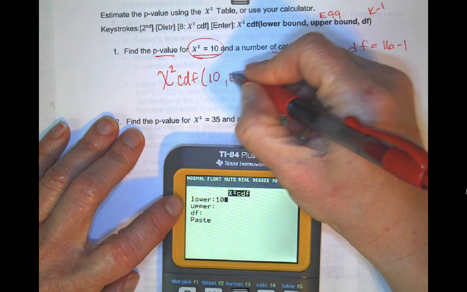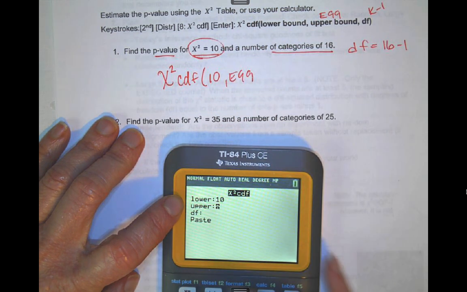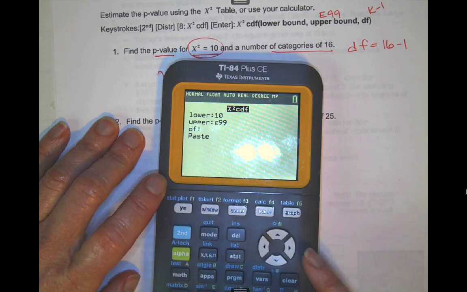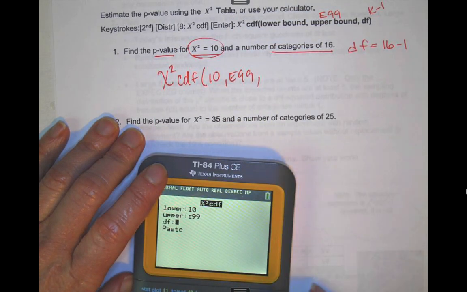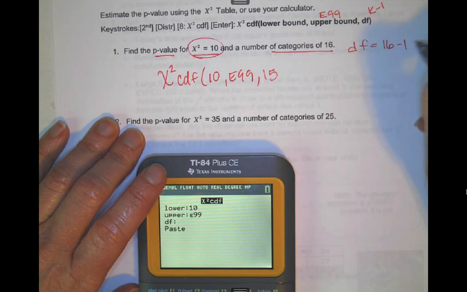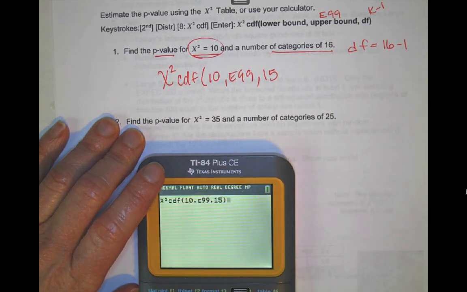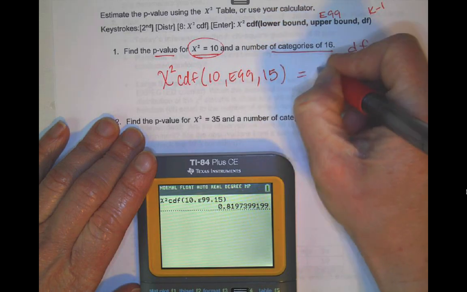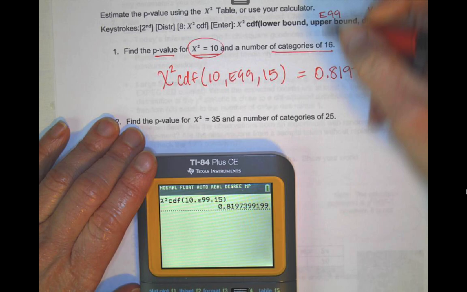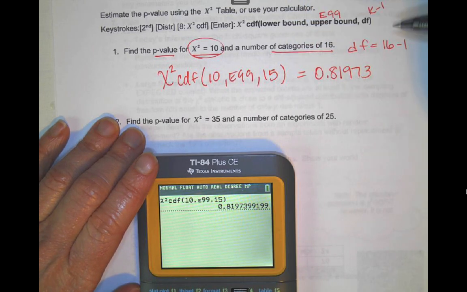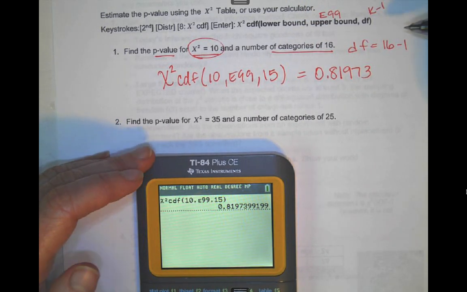My upper bound will be positive infinity. When you're using that E, don't forget to use the E from the second comma. And then the degrees of freedom are going to be the 15 that we had up here. When I hit all that, I get a pretty high number, because if my degrees of freedom are 15, I'm not quite as skewed.